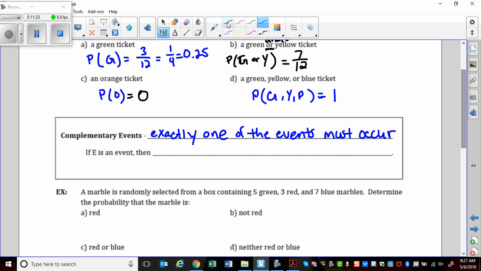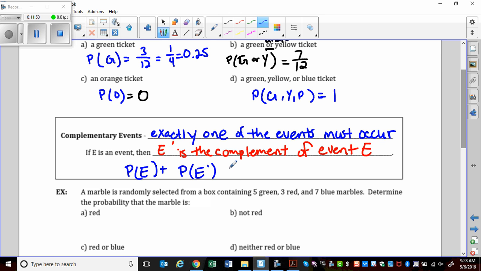If E is an event, then E prime is the complement of event E. So the probability of E plus the probability of the complement of E, E prime, is equal to 1.